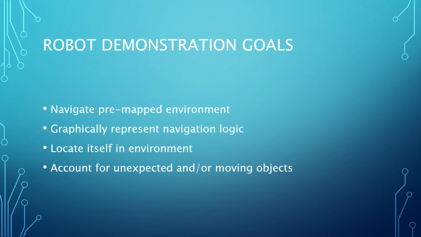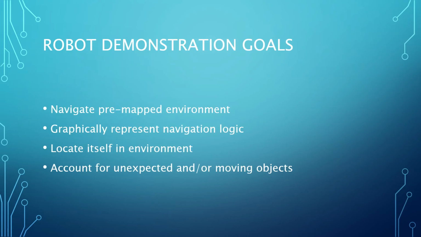For one, the robot will have to navigate a pre-mapped environment. On top of that, we would like it to be able to graphically represent its internal object. If we are able to accomplish that, we would also like the robot to be able to locate itself in a pre-mapped environment.